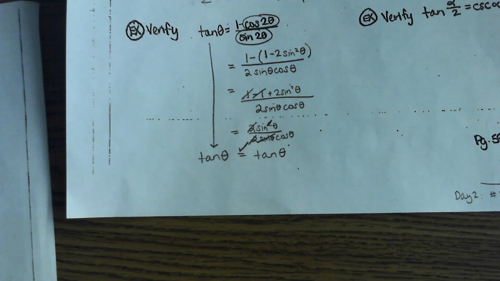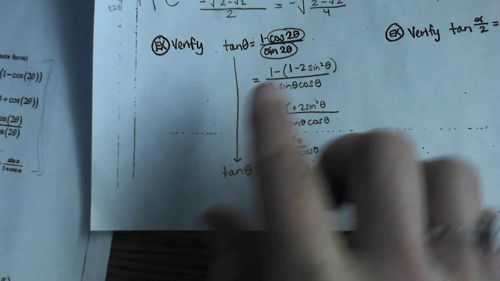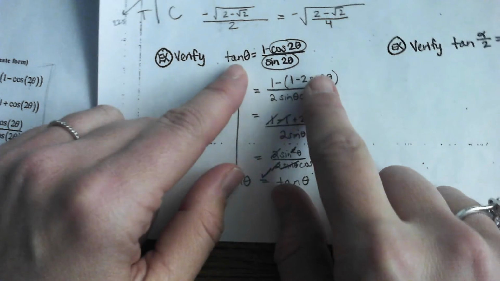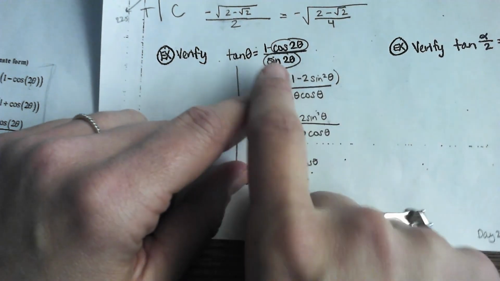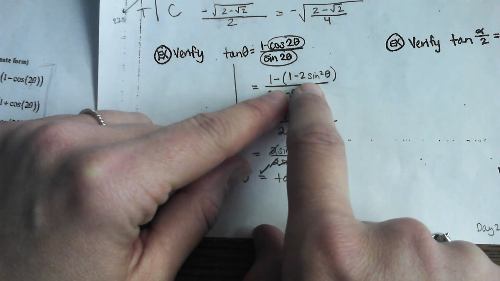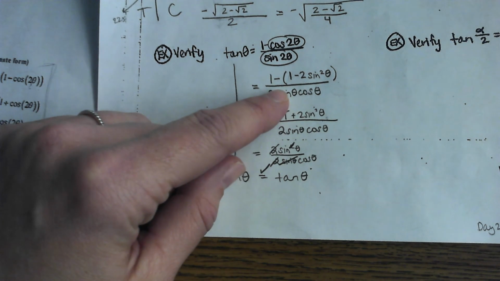Okay. So this is what I did on my bottom left. I somewhat blindly guessed for the cosine of 2 theta. Since I knew it was 1 minus that, I used 1 minus 2 sine squared so that my 1 minus 1 would just be gone. Does that make sense?